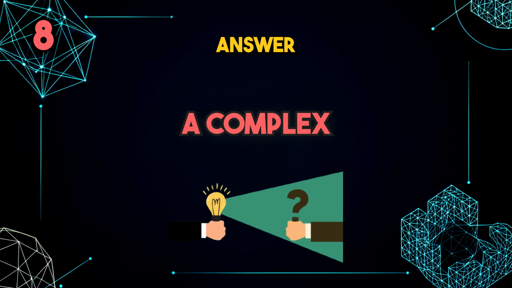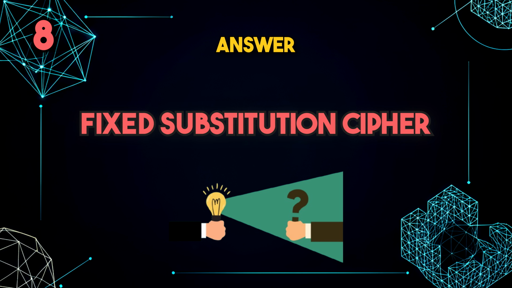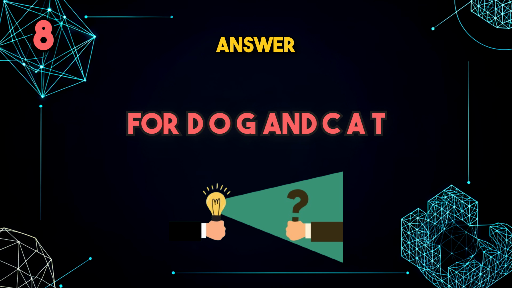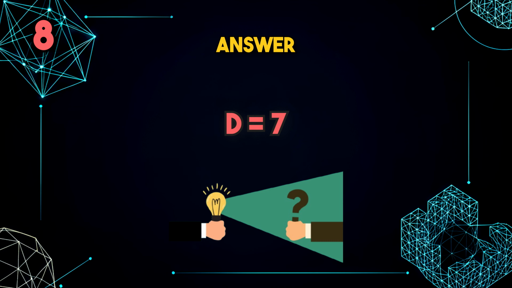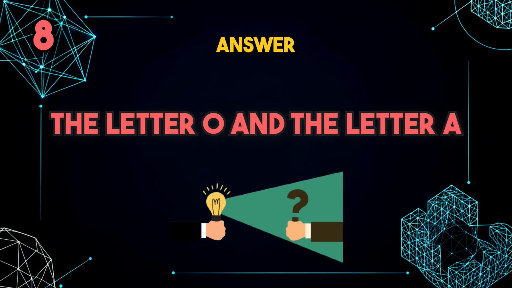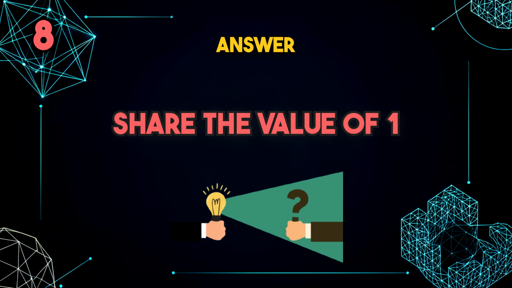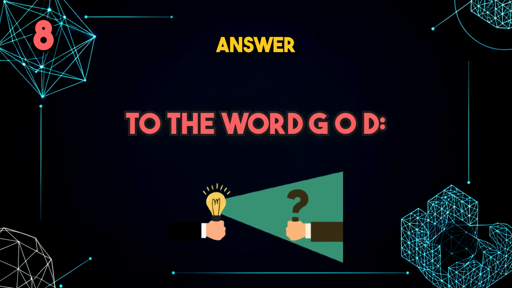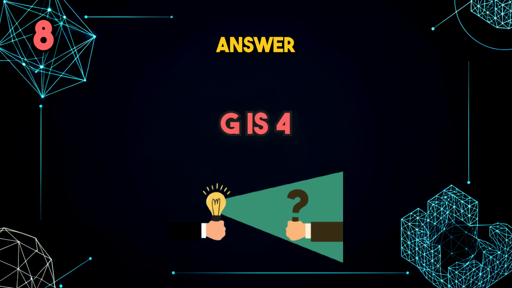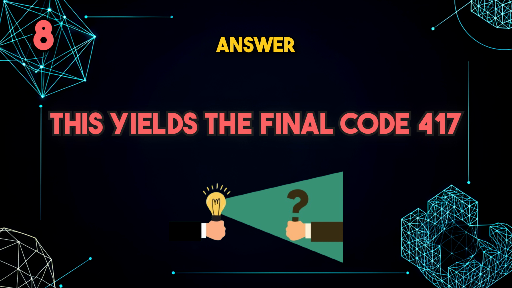This puzzle uses a complex fixed substitution cipher. By comparing the codes for D, O, G, and CAT, we deduce the following. D equals 7, O equals 1, G equals 4, C equals 6, A equals 1, and T equals 9. We see that the letter O and the letter A share the value 1. Applying these substitutions to the word G-O-D, G is 4, O is 1, D is 7. This yields the final code 417.